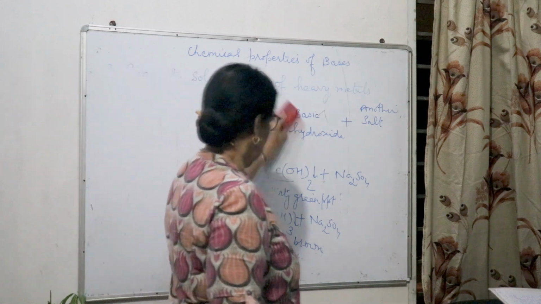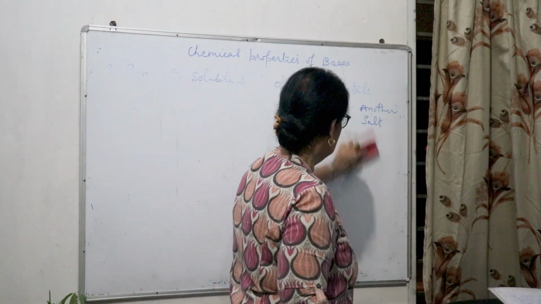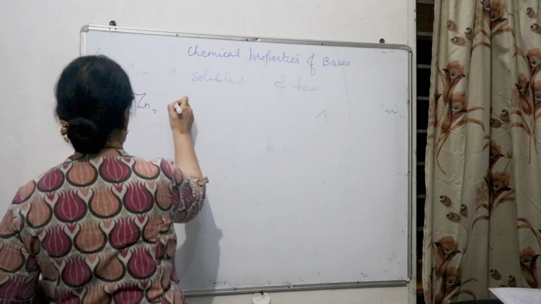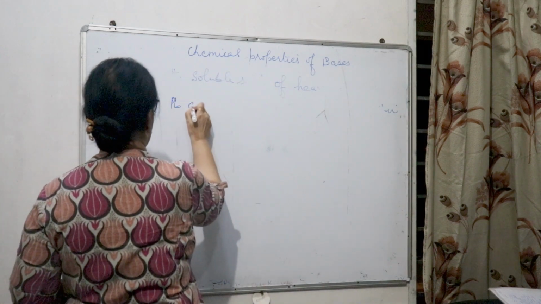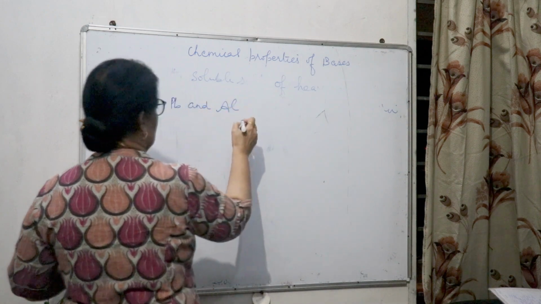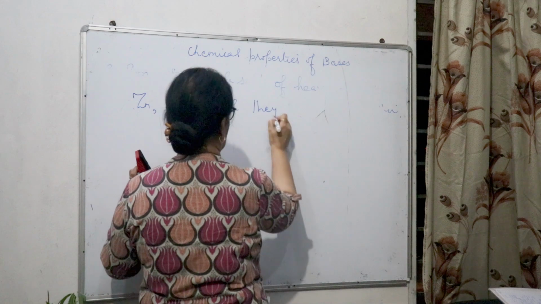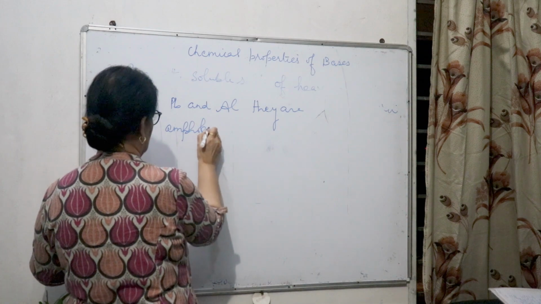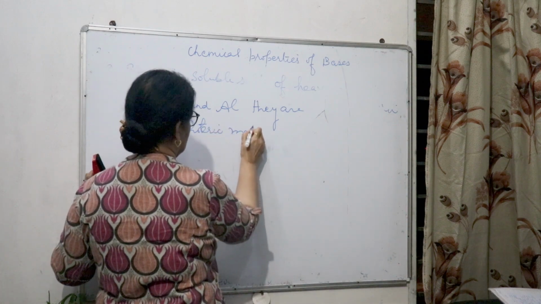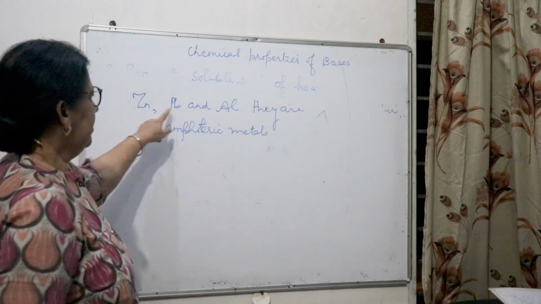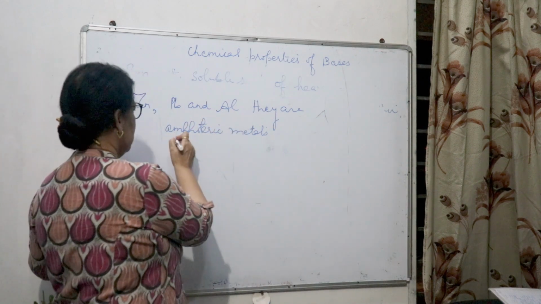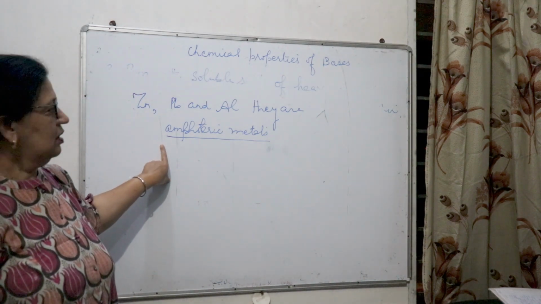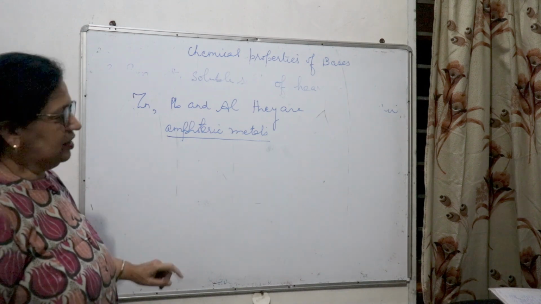As we know, zinc, lead and aluminium are amphoteric metals. What are amphoteric metals? Which react with the acid as well as base. They react with both acid as well as base.